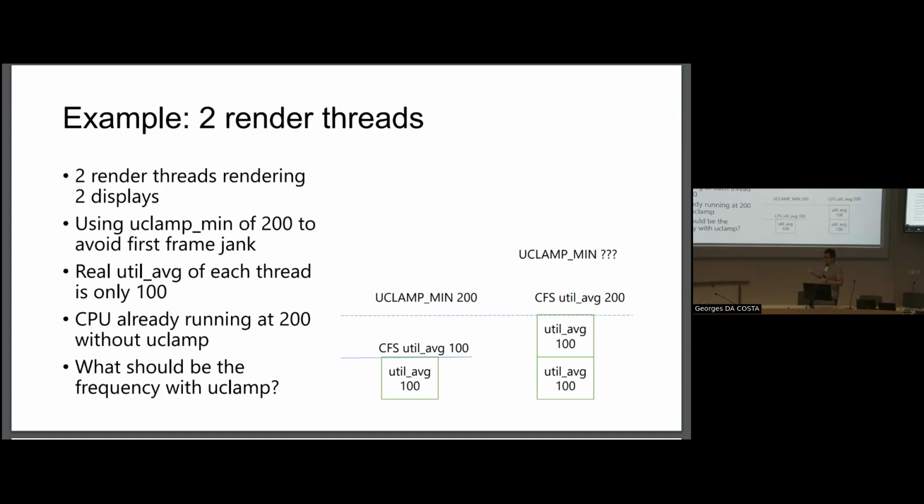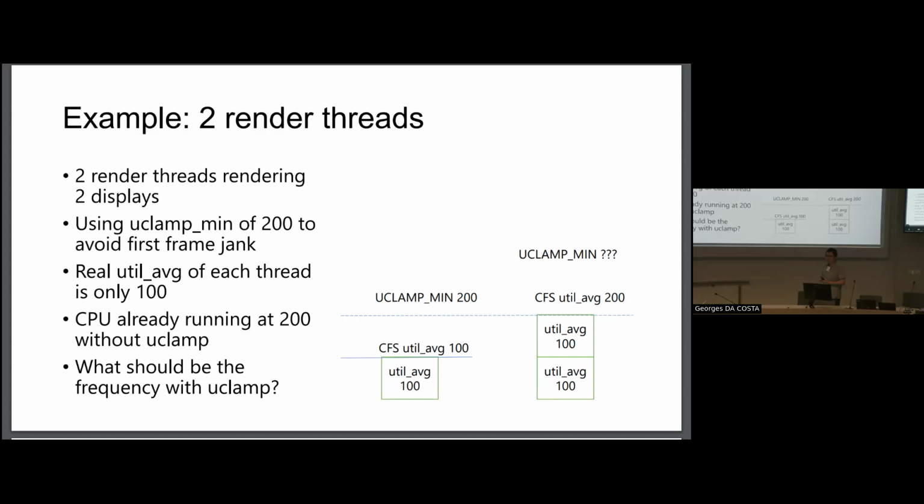Or sometimes you have CPU pinning, and they have to end up on the same CPU. And with that, some aggregation still works. For me, that makes sense. The point is that your utilization doesn't reflect how fast you would execute your instructions. So you want to execute twice faster, and you will run twice faster than if you were without any Uclamp.